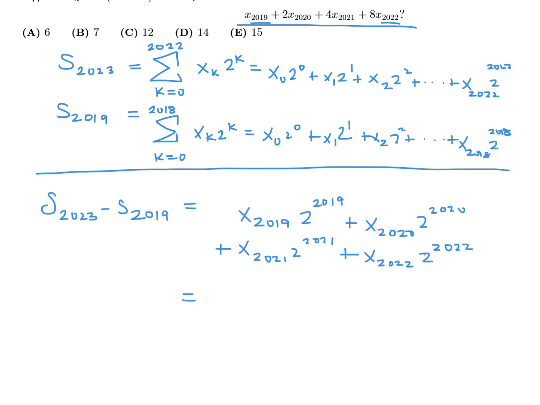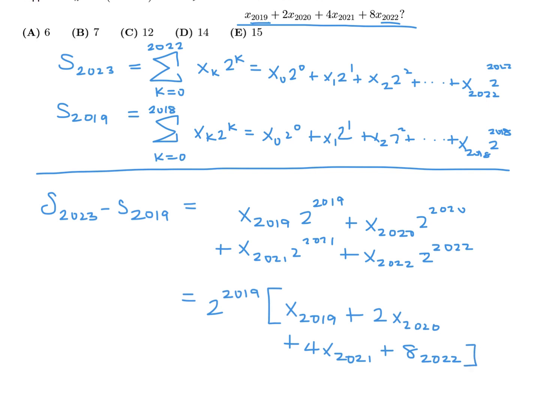Okay, we can factor out some big number here. Let's factor out 2 to the power of 2019. And when you do that, you will get just x2019, then we're left with 2x2020 plus 4x2021, and then 2 to the power of 3, which is 8, x2022.